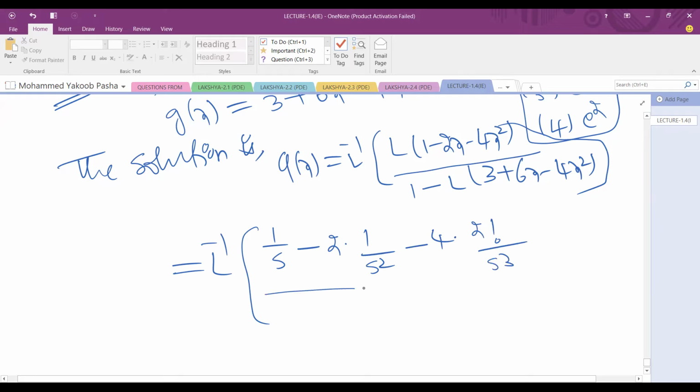Okay, no issue, you can also write 2 by s cube, no problem.